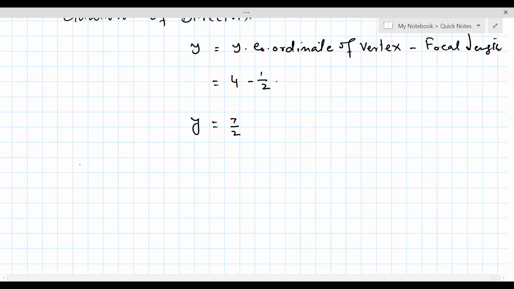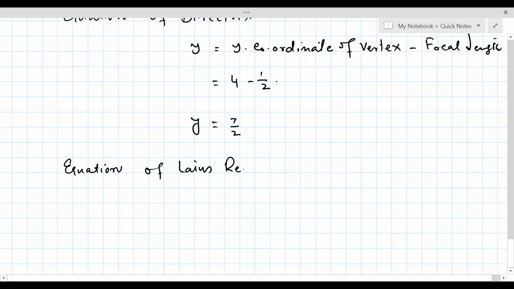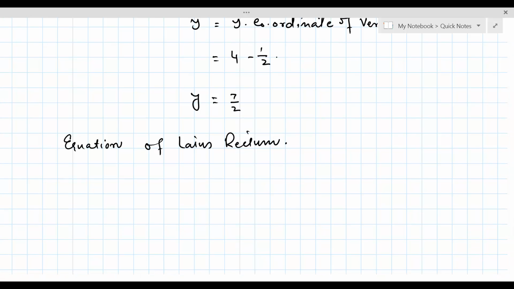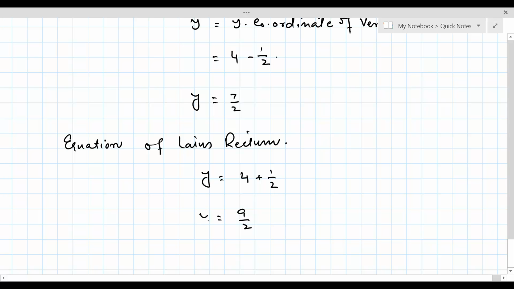And if we want to find out the equation of the latus rectum, that is similar to this, but this time it's going to be positive. So y equal to 4 plus 1 by 2, and that would be equal to 9 by 2. This is the equation of the latus rectum.